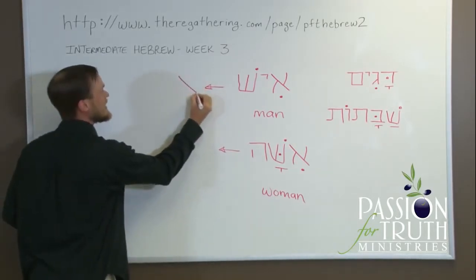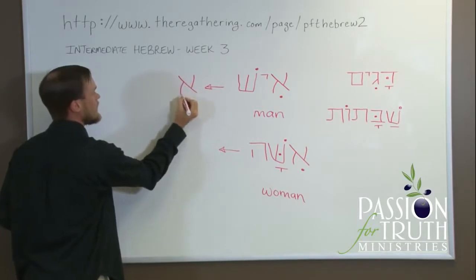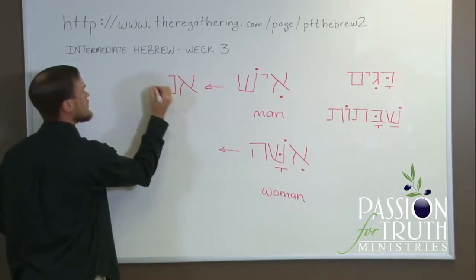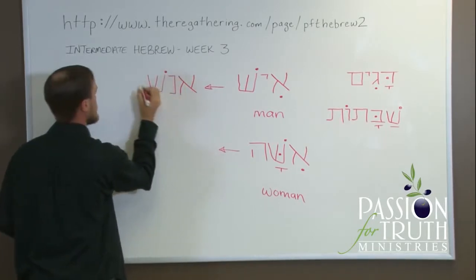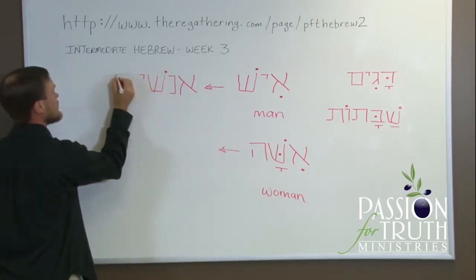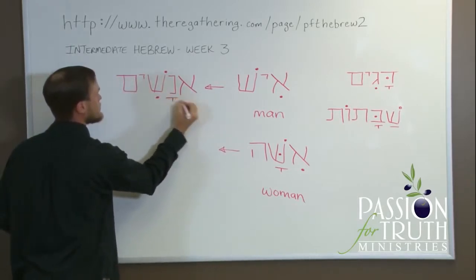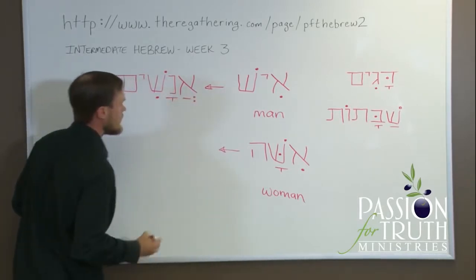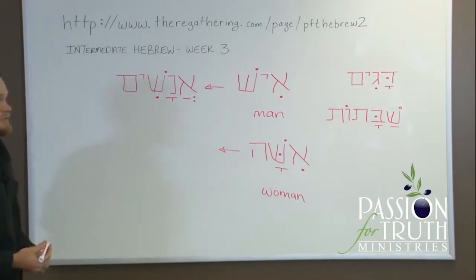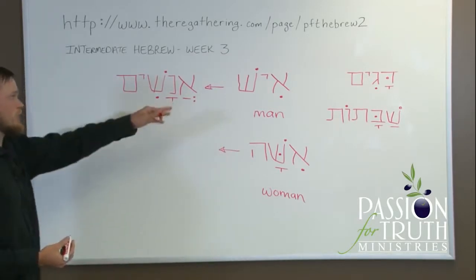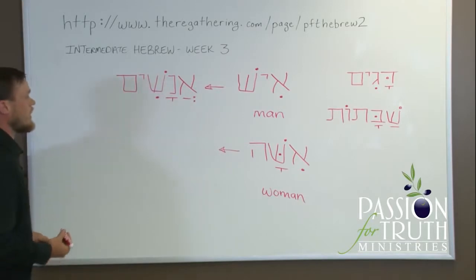So Ish, instead of becoming Ishim, becomes Anashim. Again, this mysterious nun. Seems to invade the word. The yod drops out and is replaced by a nun.